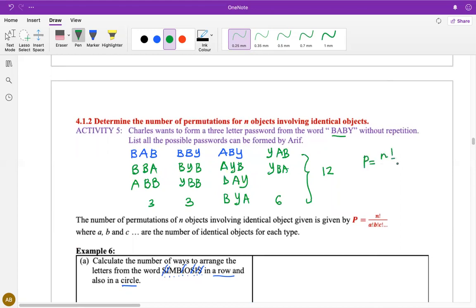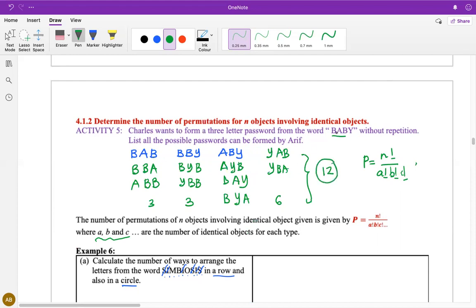Okay, so the formula for permutation of n objects involving identical objects is given as P equals n factorial divided by a factorial, b factorial, c factorial. So this a, b, c means how many objects are identical, right? So here is only 2 B's, right? So we check whether the answer is 12 or not.